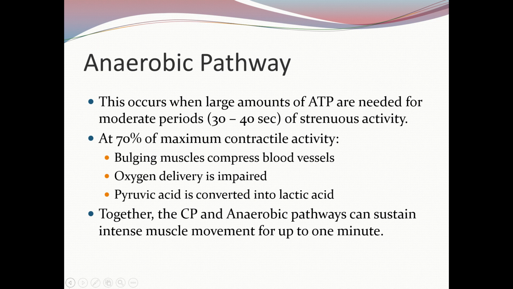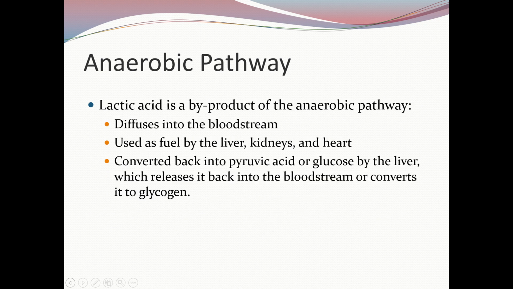This causes oxygen delivery to be impaired and pyruvic acid to be converted into lactic acid. Together, the creatine phosphate and anaerobic pathways can sustain intense muscle movement for up to 1 minute.